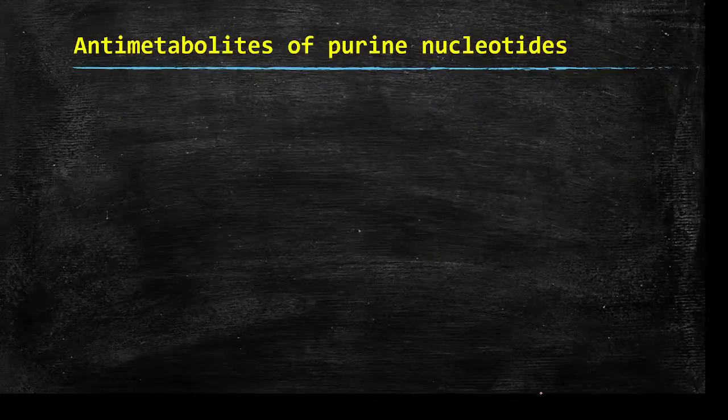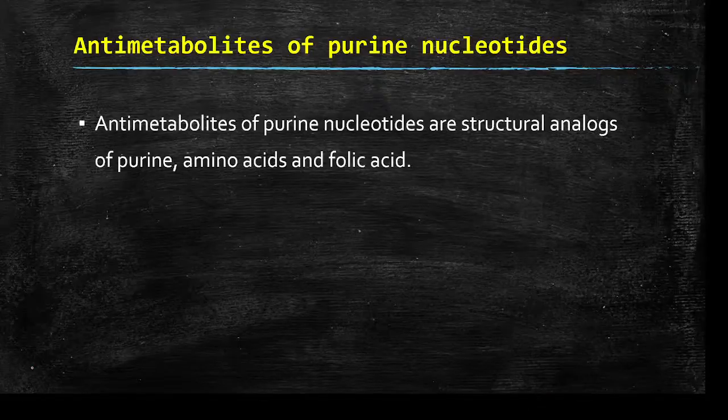The next thing is anti-metabolites of purine nucleotides. These anti-metabolites are useful in many disorders. Anti-metabolites are mainly competitive enzyme inhibitors. They have structural similarity with the nitrogen bases of nucleotides, and they inhibit the biosynthesis of DNA and RNA.